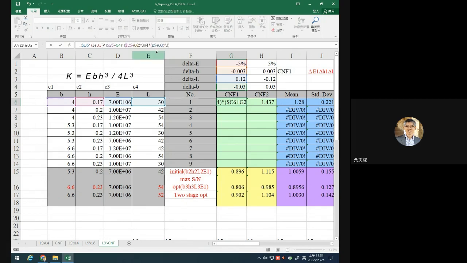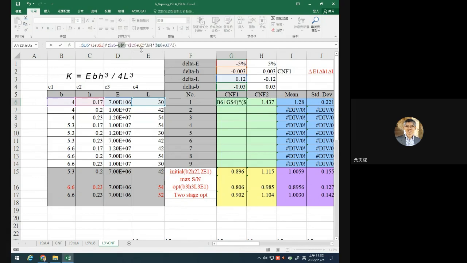Same thing for E. For noise factors, we want to fix the row 1, 2, 3, 4, because when we move to the second column, okay, but when we copy downward, we want to fix it at this row 1, 2, 3, 4. So for the noise factors, we want to fix the row number 1.